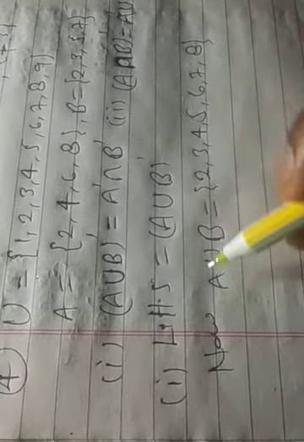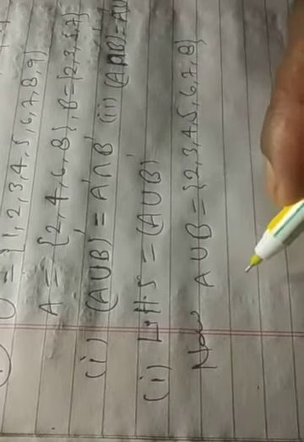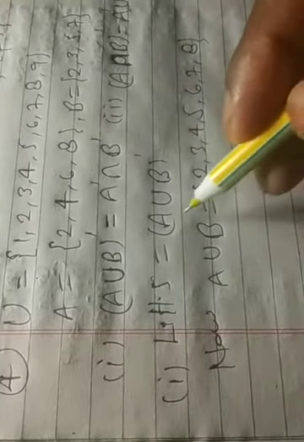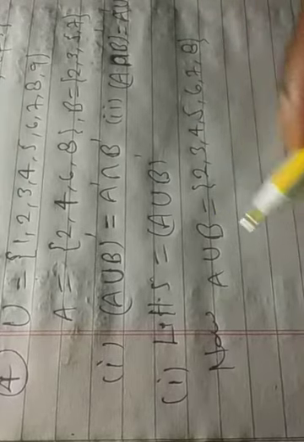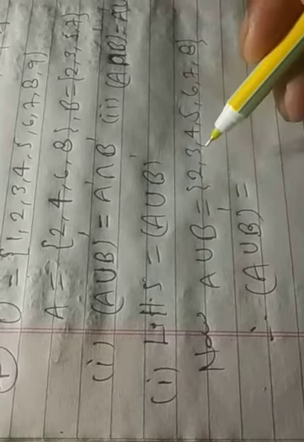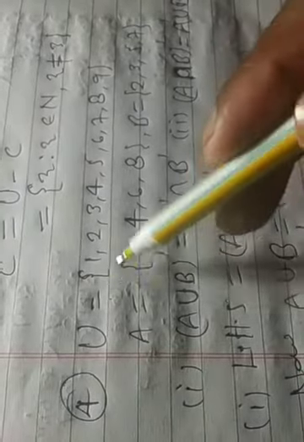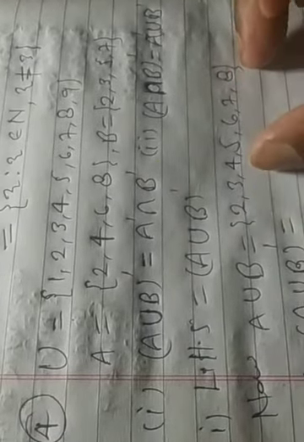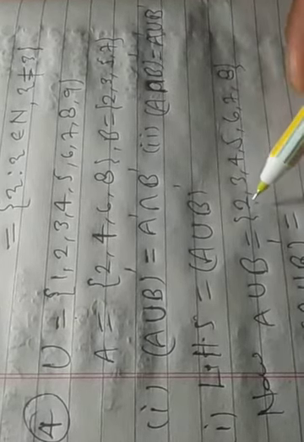Now we have to find the complement of this A union B. Therefore, the complement of A union B will be U minus A union B. In the universal set U there are 9 elements starting from 1 to 9, and we have to remove all the elements existing in this set, which are the elements from 2 to 8.